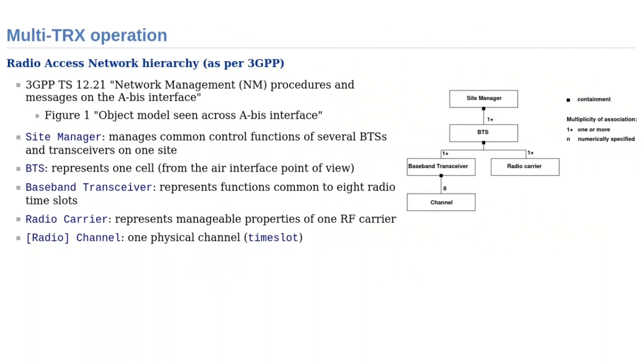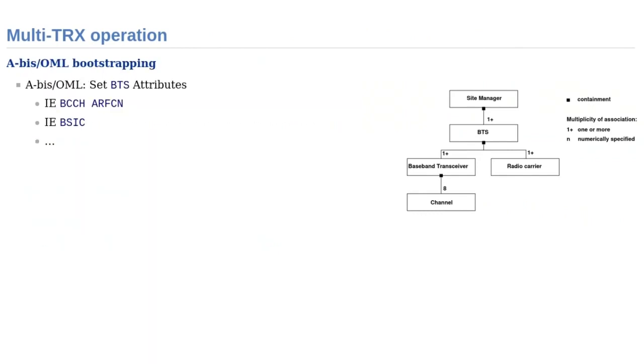Yeah, a time slot in this terminology is basically one physical channel, and it may either be bound to some specific radio carrier or a set of different radio carriers. So, just maybe a bit more details on what happens on the OML when you're connecting the BTS to the BSC.